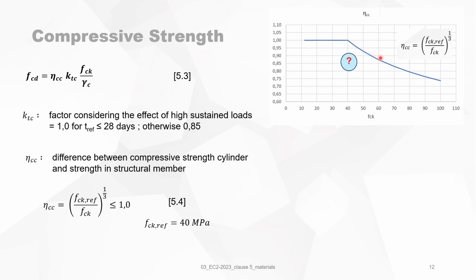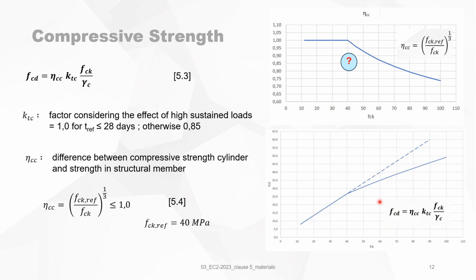But for high strength concrete, it can go down to 0.75, which is substantial. It's 25% less concrete compressive strength. So we can wonder why is 40 so special? Why not 50? Why not 60? Why not 30?